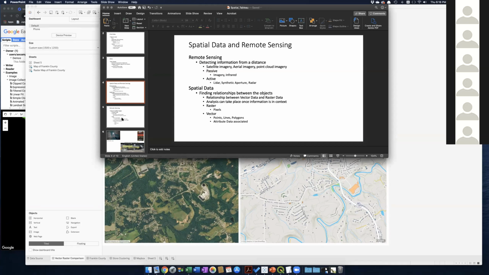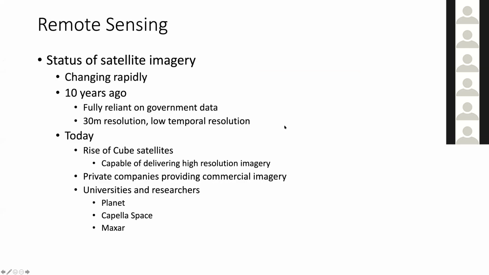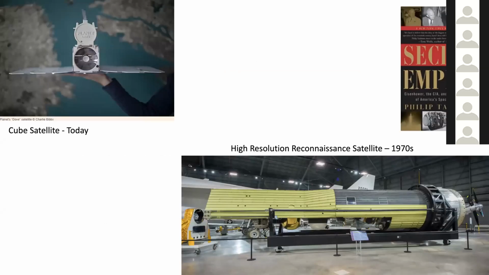All right, just to switch gears a little, remote sensing is a really good place to be in right now. It's changing rapidly over the past 10 years. You've seen a lot of private companies coming up with cube satellites and really high resolution imagery. As an example, the one on the top left, I've got a relationship with Planet Labs, and that's a cube satellite.